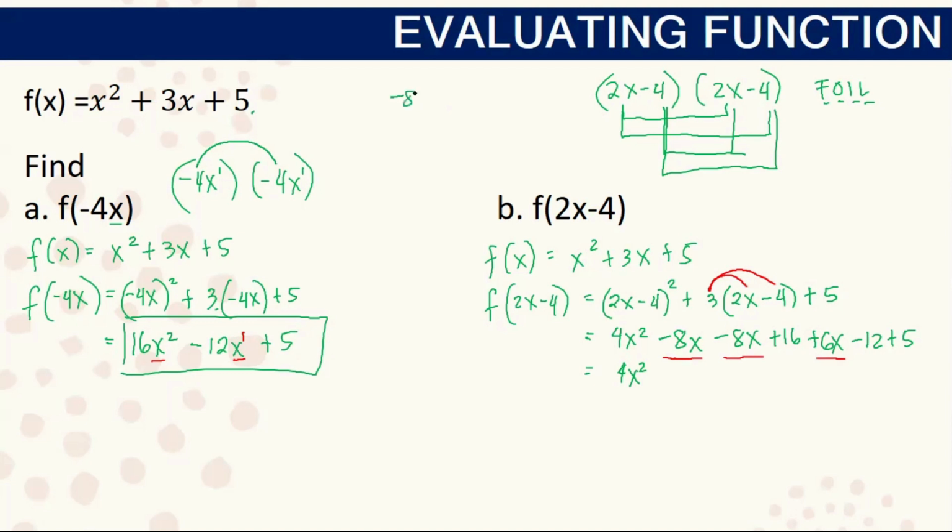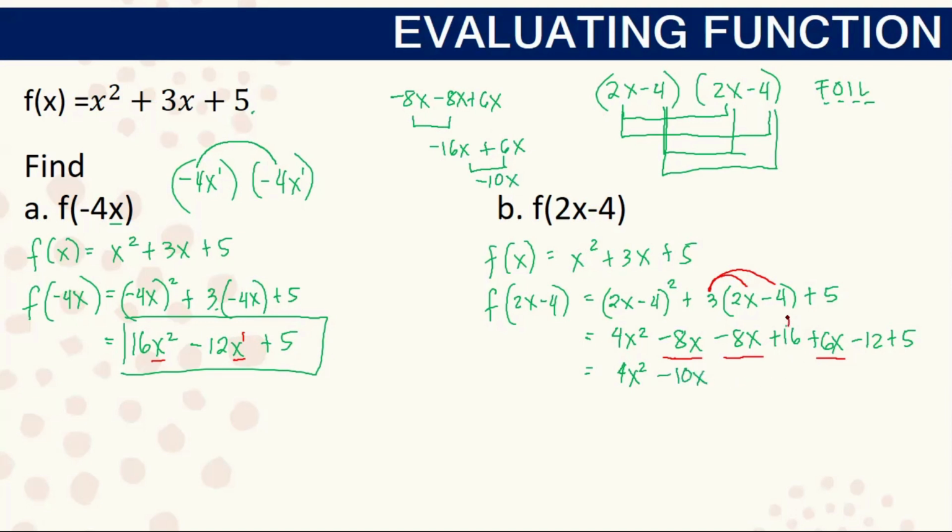So negative 8x minus 8x plus 6x is what? Negative 8x minus 8x is negative 16x plus 6x. We get negative 10x. So we write here minus 10x.